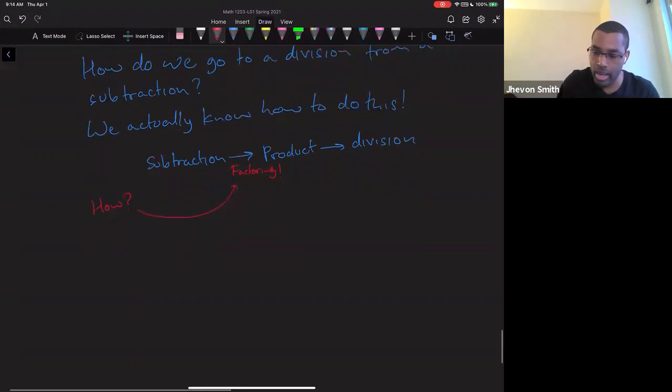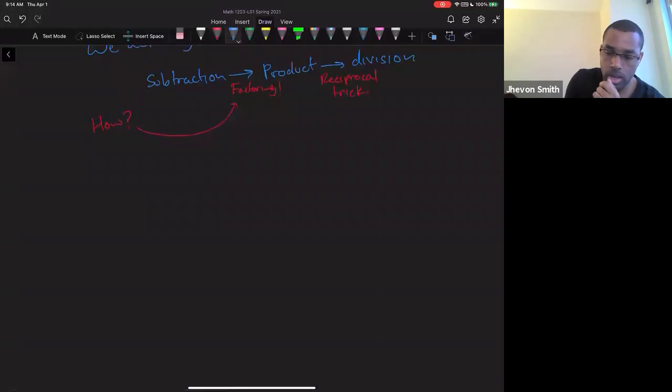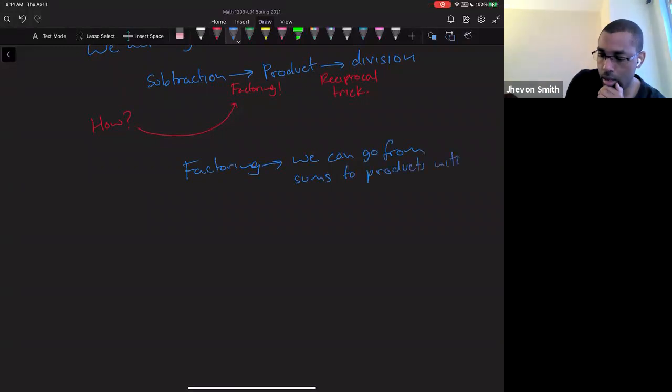And then here, I could use the reciprocal trick. So factoring, you should recognize, lets us go from sums to products with this technique.